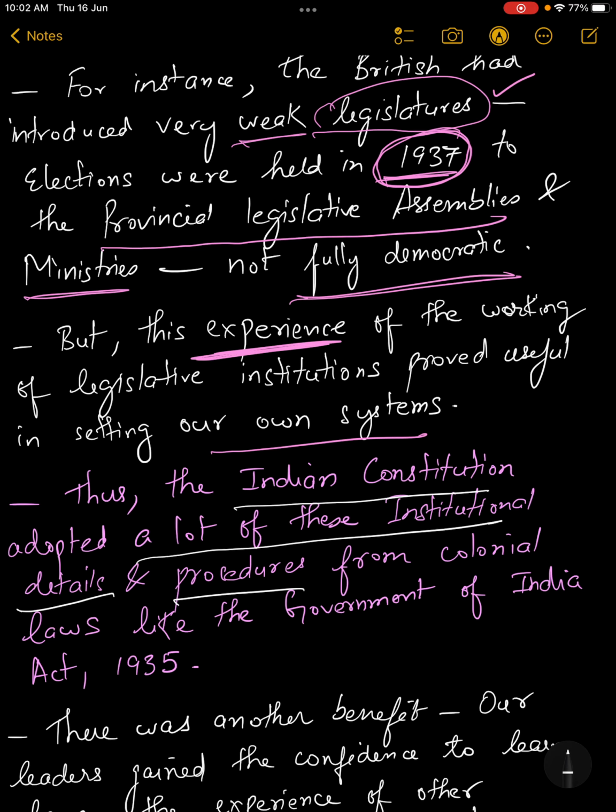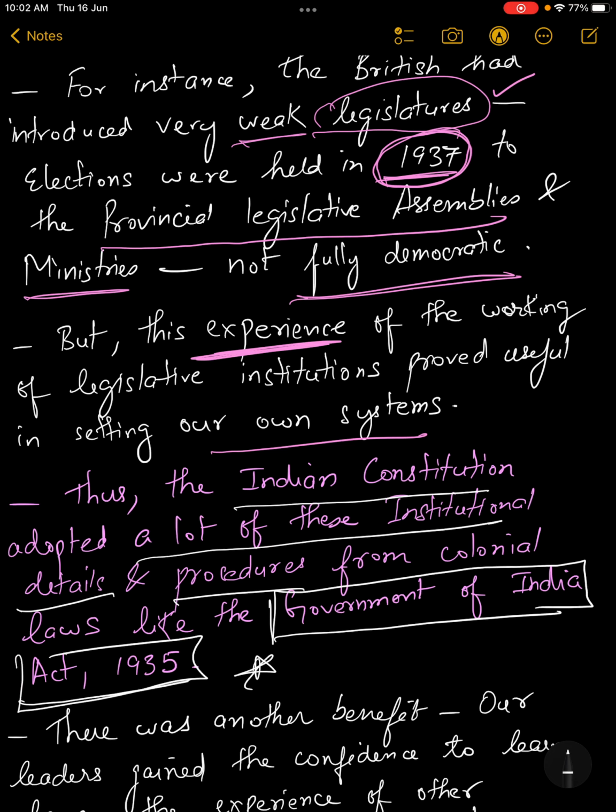All of it, majority of it in fact, comes from the colonial rule, and particularly from colonial laws like the Government of India Act 1935. Extremely important.